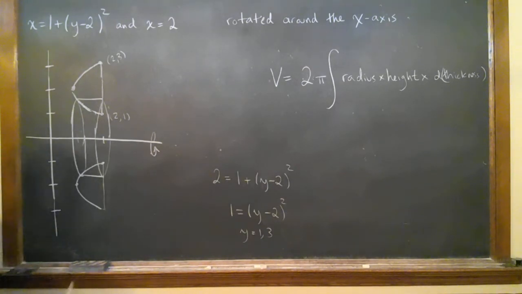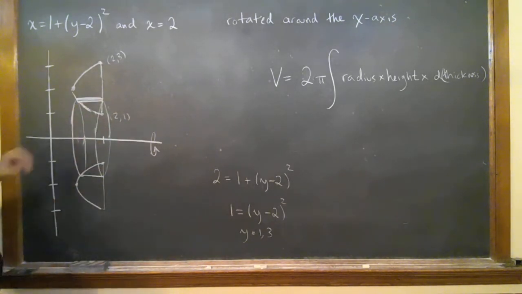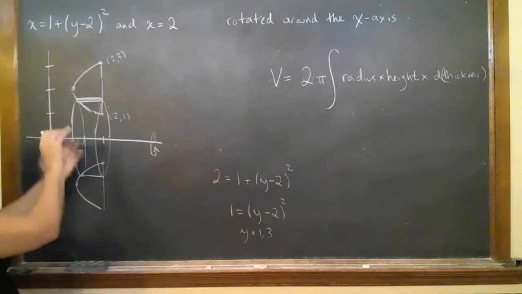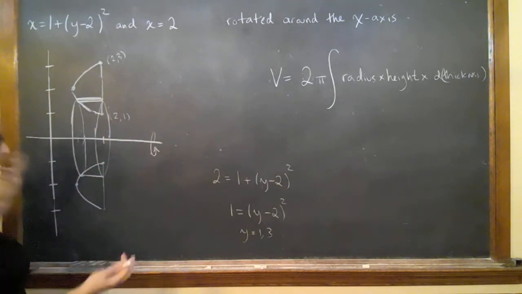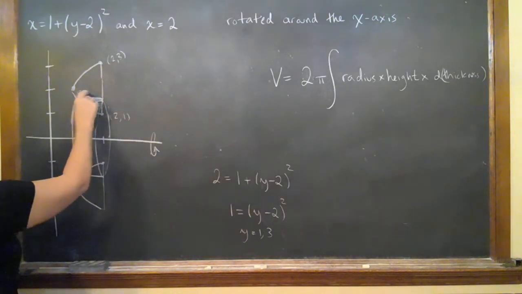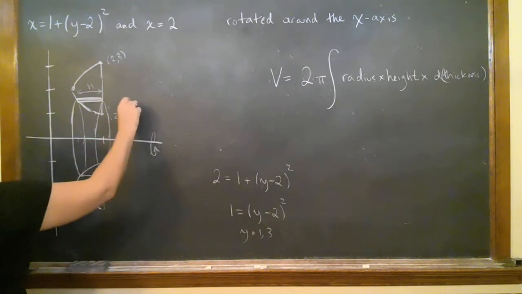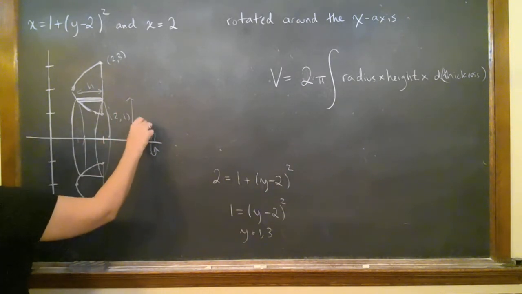Okay, in any case, you can imagine this shell like a soup can with no top and bottom. It's going to have this thickness here. If I look at this thin shell, this is actually going to be the height because the circles are here, so that's where it's open. And this is going to be the radius.